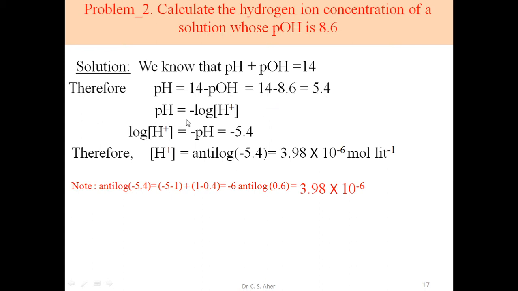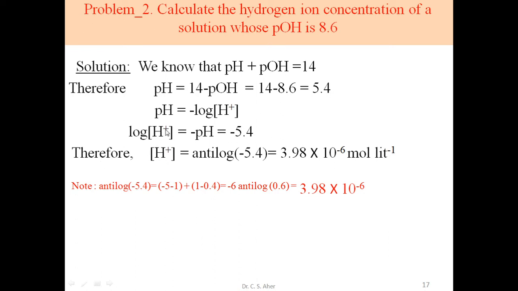We know pH is equal to minus log of H plus ion concentration. When we shift the negative term, log of H plus ion is equal to minus pH. So we put the pH value as minus 5.4.